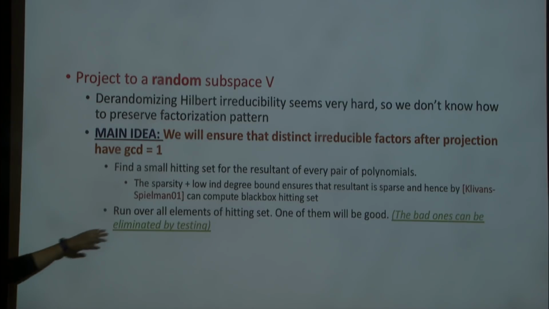So each time I make a bad choice, I know that my choice was bad in the end by testing and pruning out. So I can always run over everything and then prune out all the bad stuff along the way. Let's pretend that we got a good hit, and this factor is correct.